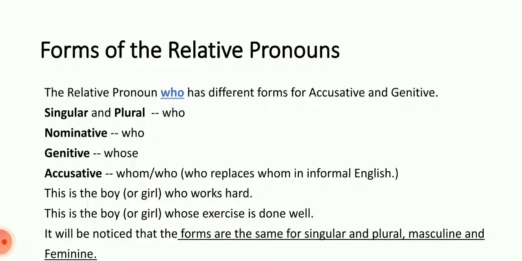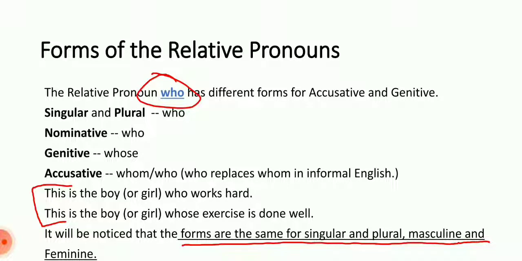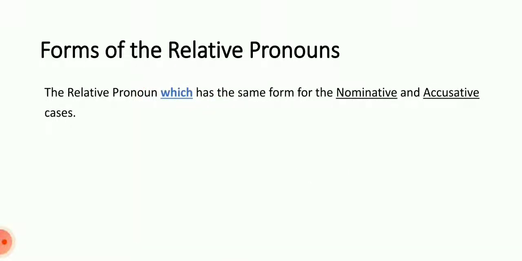So we may say that in the above examples we have concluded that who is used for singular and plural as well as masculine and feminine. The only word used is who in both of these cases, either number or masculine or feminine.